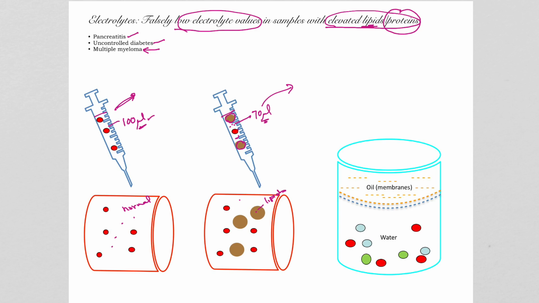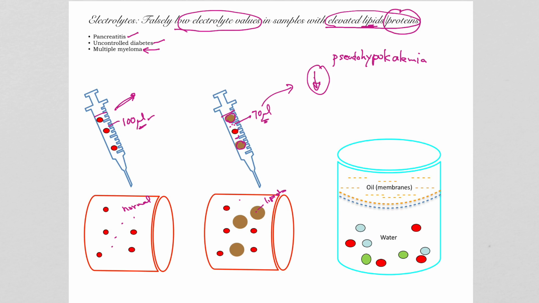So because of this, the value of these electrolytes can go down. That's called a pseudo. This is a pseudo hypo, let's say the value was for potassium, kalemia.